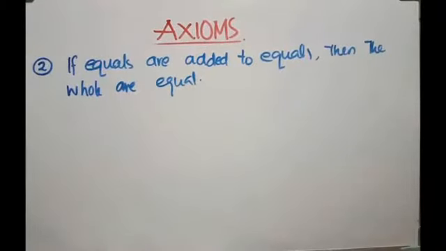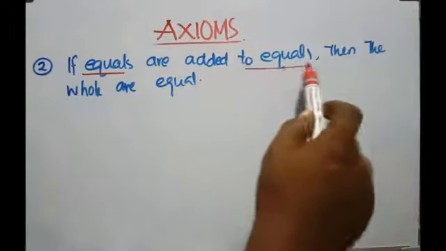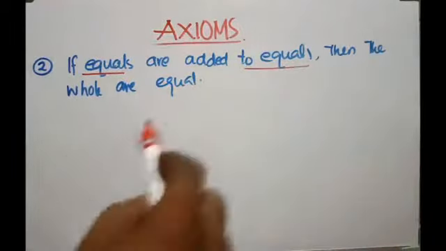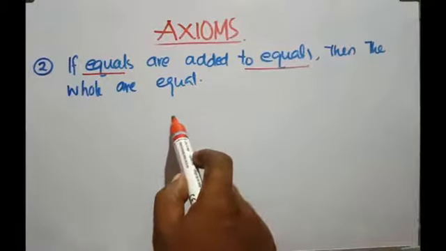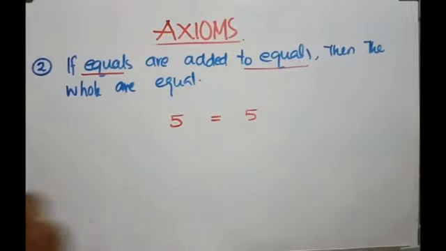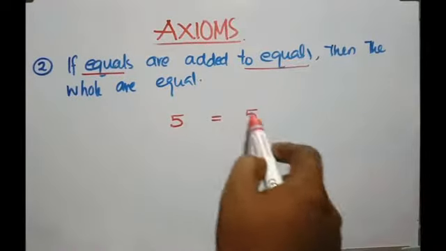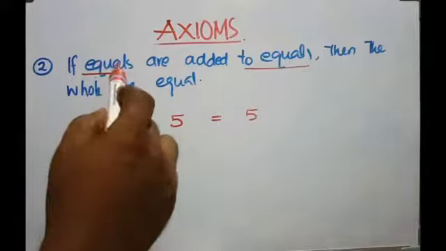Second axiom: if equals are added to equals, then the wholes are also equal. What do you mean by this sentence? Let me tell you one example. You know, 5 is equal to 5. Those are equals.